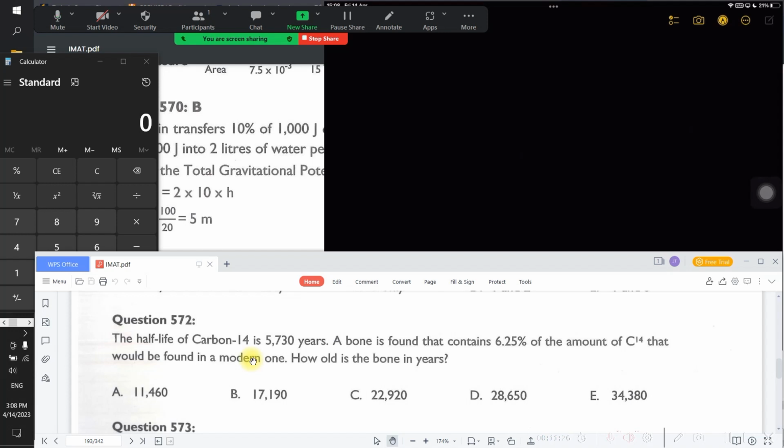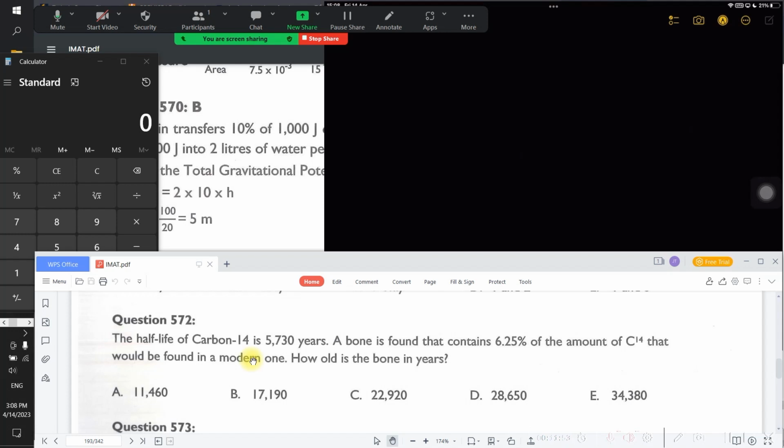A modern bone is a bone that is not old, that hasn't gone through many years. How old is the bone in years?